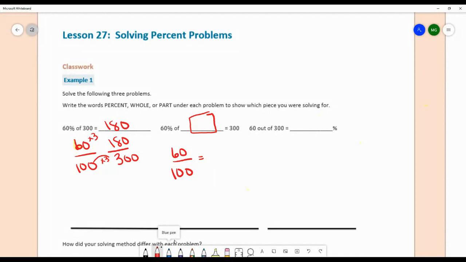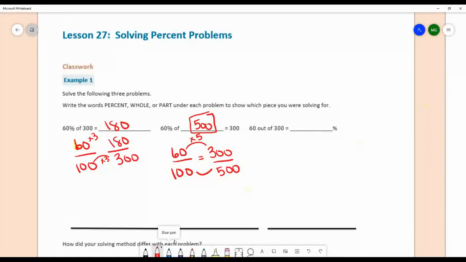So this is 60% is part of this. And so our 300 is now on the top because we want to know what that big number is down here. So how do I get from 60 to 300? I multiply by 5, and therefore 100 times 5 is 500.